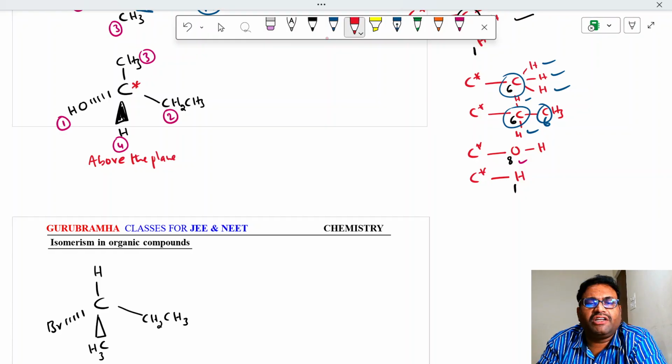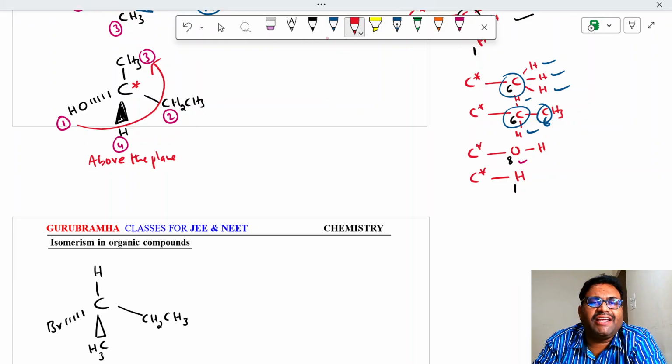What did we learn? It has to be away from the plane. In one way, let us draw an arrow from priority 1 to 3. 1, 2, 3 priority. What are you finding? Anti-clockwise?